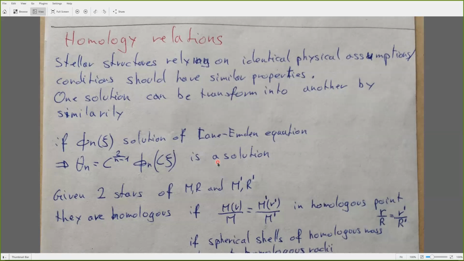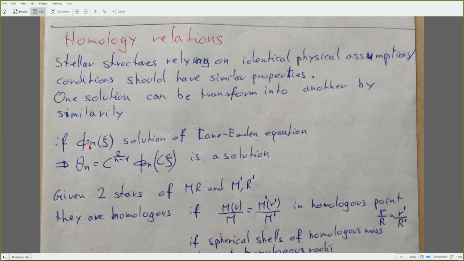So you suppose that changing mass, radius, something like that, you should have structures that have similar properties. So one solution can be transformed into another by similarity. The homology is a geometrical transformation. It doesn't transform one object into a similar one maintaining exactly all the proportions, but maintains some ratio.